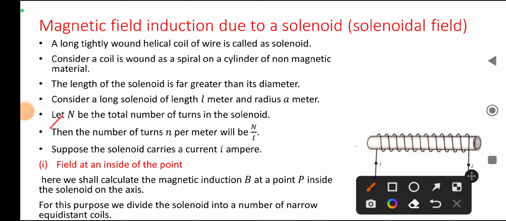Let capital N be the total number of turns in the solenoid. From this end to this end, how many windings are there?